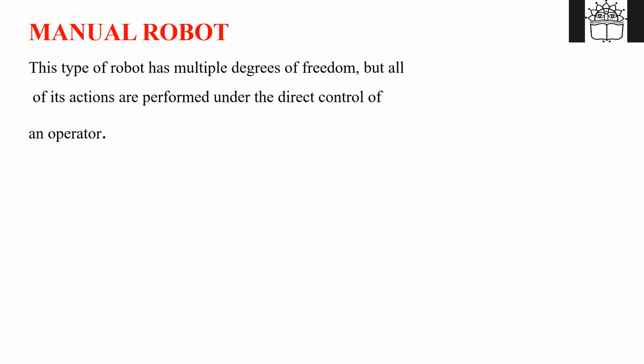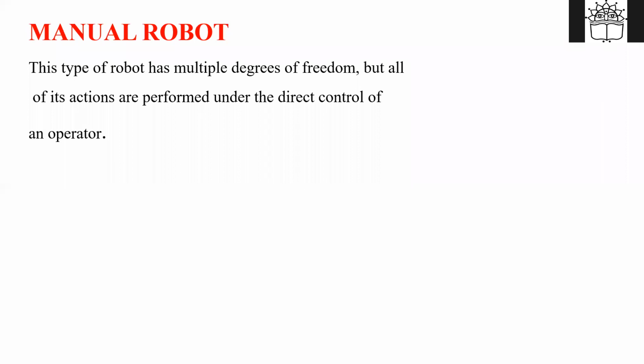Maximum, how many degrees of freedom can a robot have? 6 degrees of freedom. It can move along the x-axis, along the y-axis, along the z-axis. That is, linear motion along x is the 1st degree of freedom, linear motion along y is the 2nd, linear motion along z is the 3rd, rotation along x is the 4th, rotation along y is 1 more, and rotation along z is 1 more.